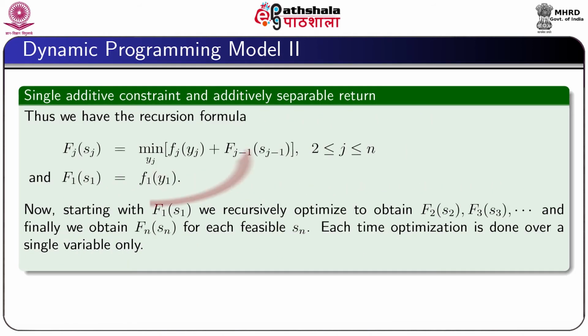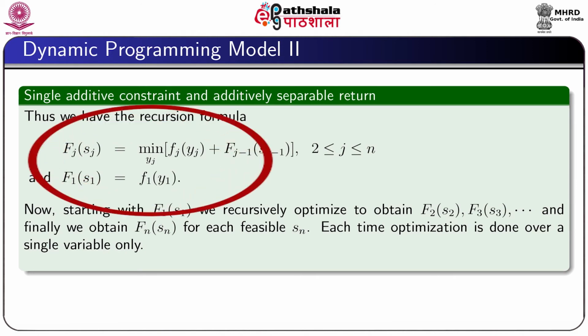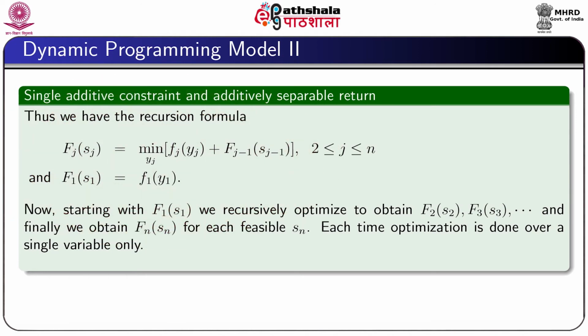So capital Fj(sj) equal to minimum of fj(yj) plus Fj minus 1(sj minus 1), where j takes values between 2 and n, both inclusive, and also capital F1(s1) is equal to f1(y1).